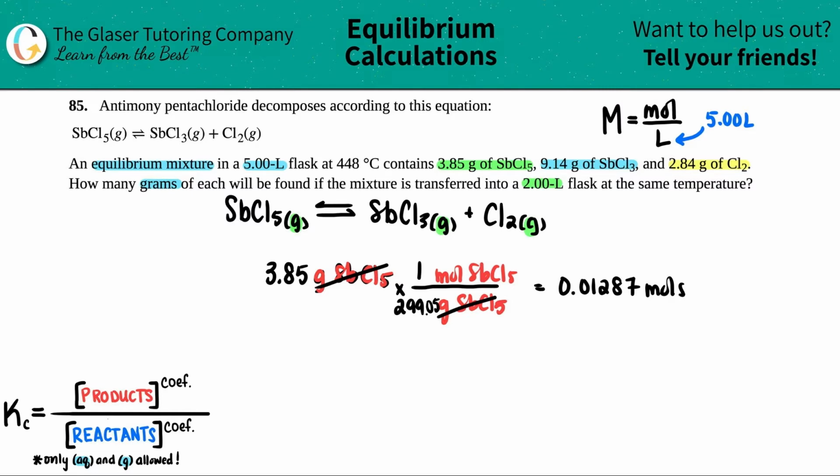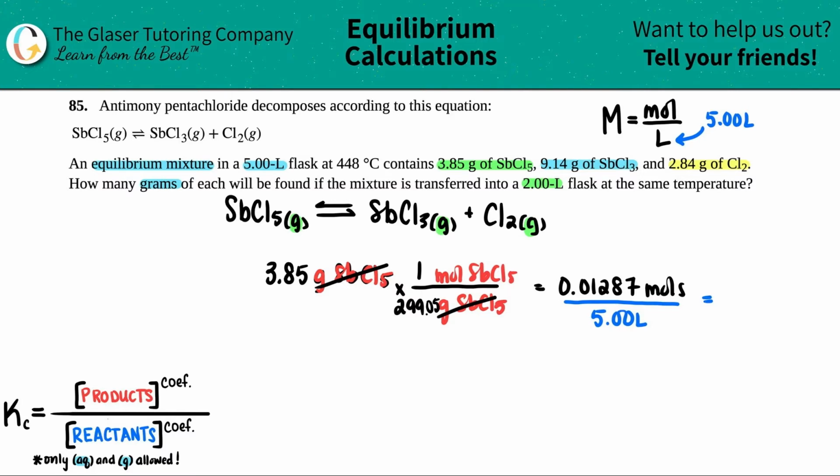And then we have to find out the molarity. So I'm just going to take the moles divided by the 5 liters, right? And then I would have the molarity for at least SbCl5. So I'm going to divide that by 5. 0.01287 divided by 5. And I guess we'll do sig figs, okay?